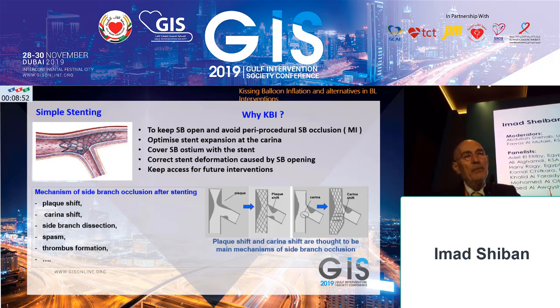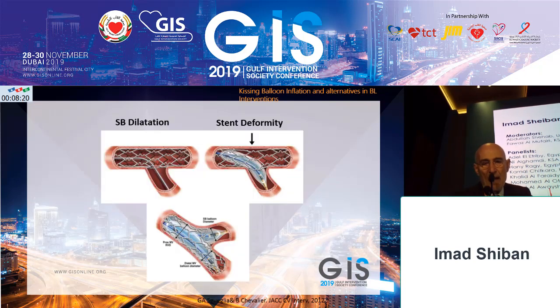Now, simple stenting. Why was kissing balloon inflation introduced? To keep the side branch open and avoid periprocedural side branch occlusion, to optimize the stent expansion, to cover the side branch ostium, to correct stent deformation, to keep access to future intervention as well. And the mechanisms of side branch occlusion, we know, are plaque shift, carina shift, side branch dissection, thrombus formation, and others.